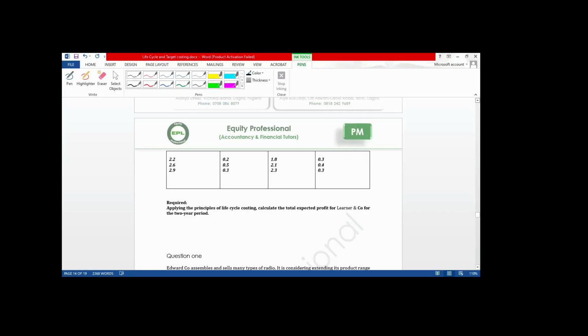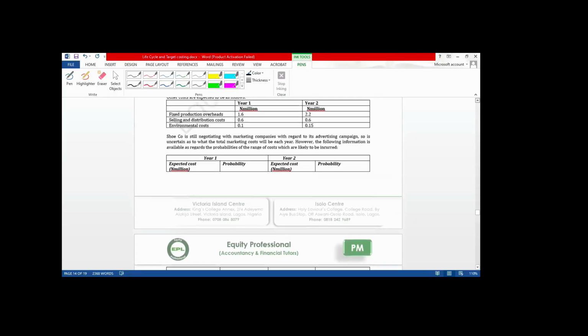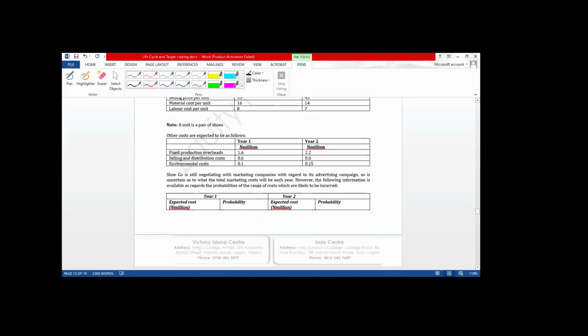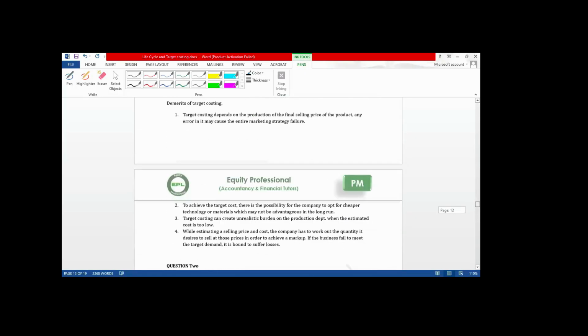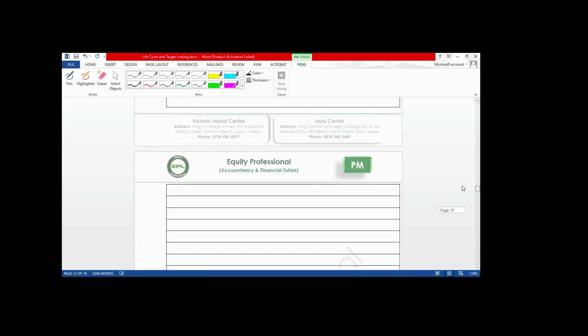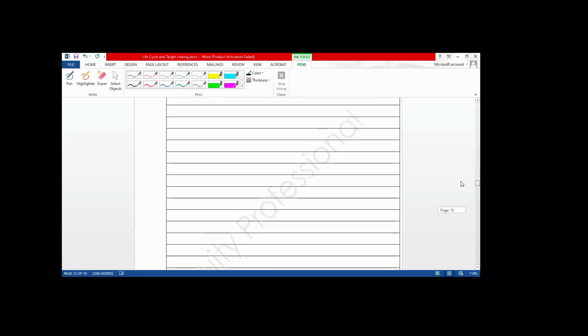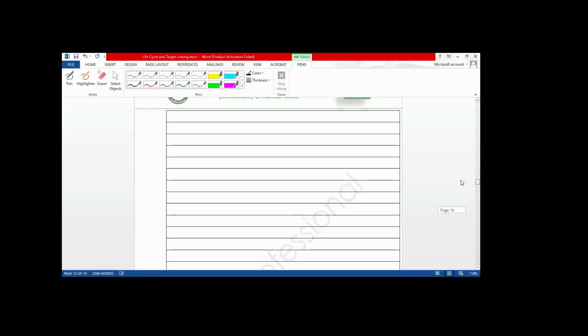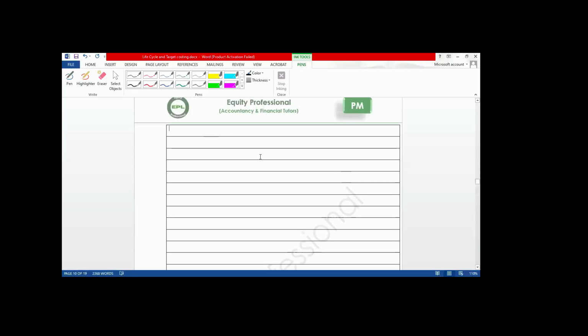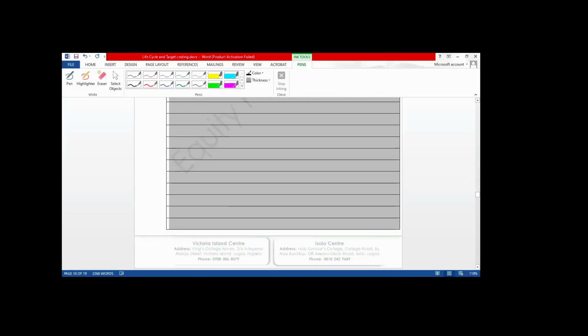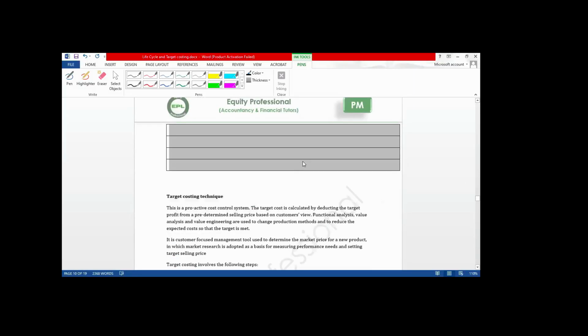You can now deduct the cost from the revenue. That will now give us the life cycle expected profit.